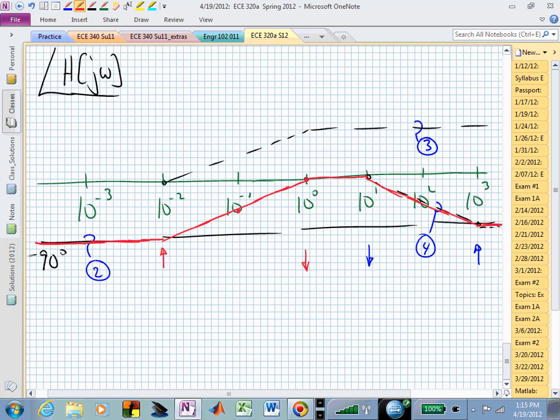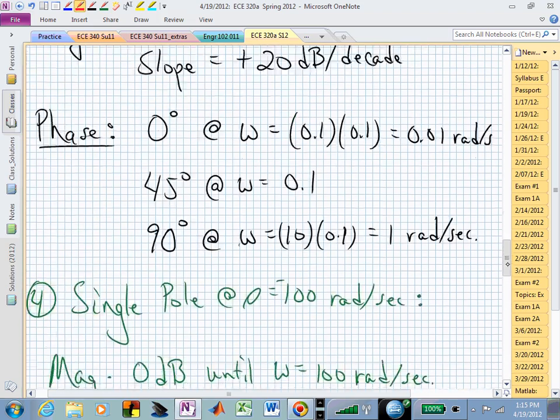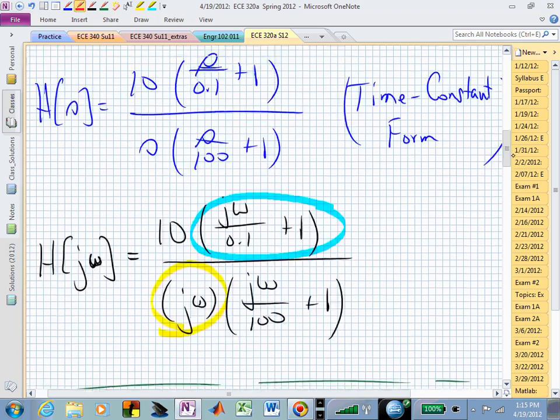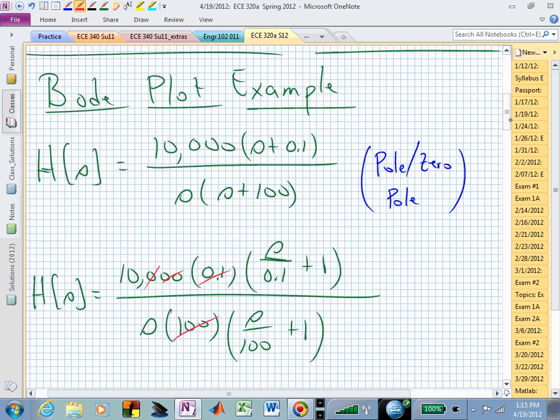And I could have asked you what's the phase at high frequencies in this particular circuit, and you should be able to tell me immediately. Because you know the denominator is going to contribute 2 minus 90s. So minus 180 due to the denominator, due to your poles.